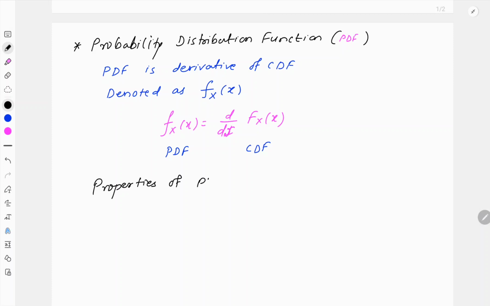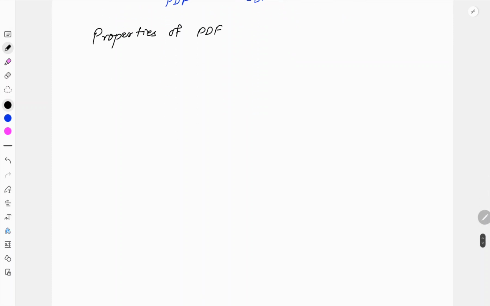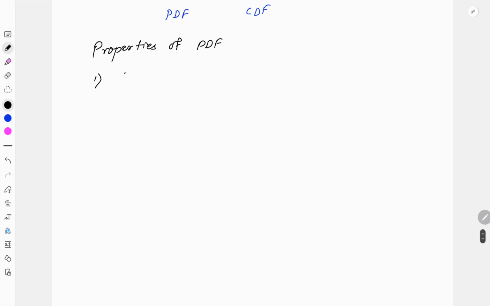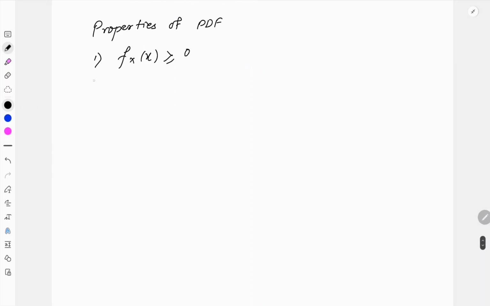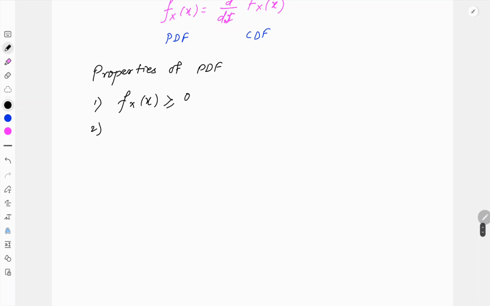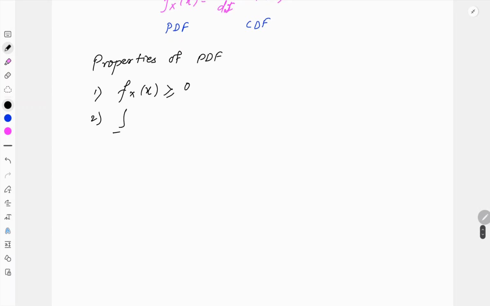Properties of PDF. First property, this PDF is always greater than or equal to 0. So f_X(x) is greater than or equal to 0. Second property, if we integrate this f_X(x) from minus infinity to plus infinity, f_X(x) dx, its integration is 1.